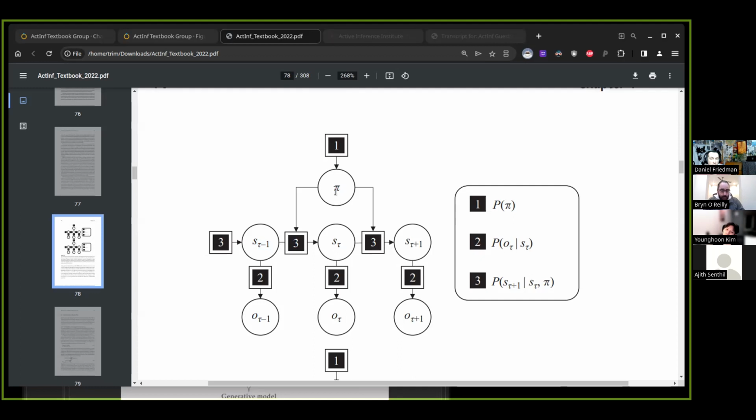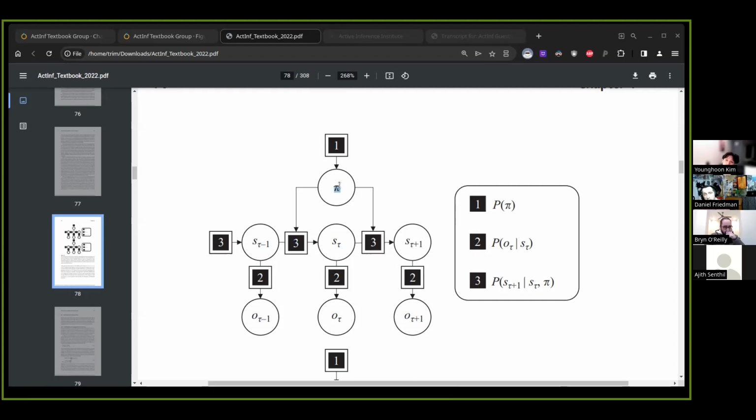And what guides policy selection? Well, you could make a POMDP that has stochastic policy selection or reward-driven policy selection, or as we're going to see, we utilize expected free energy to guide policy selection. So this is bringing the well-known POMDP format to bear on our setting.